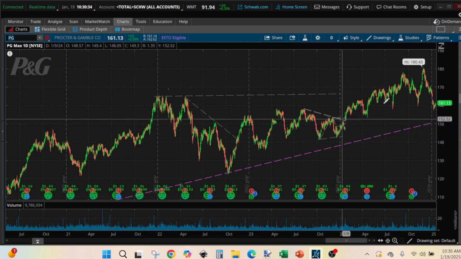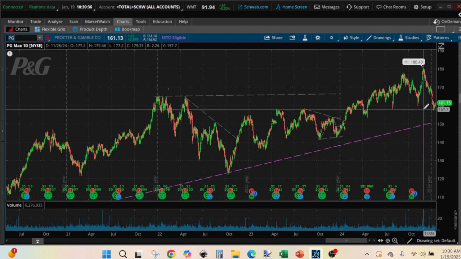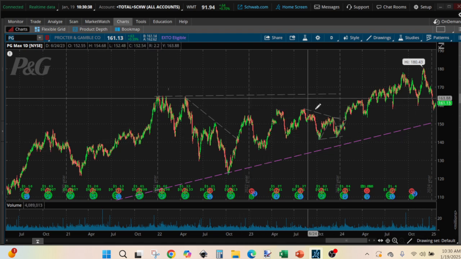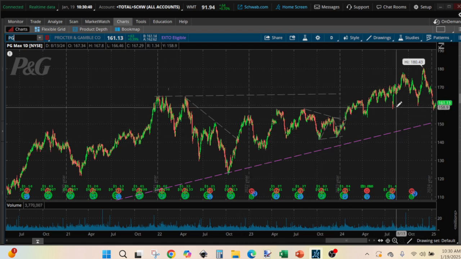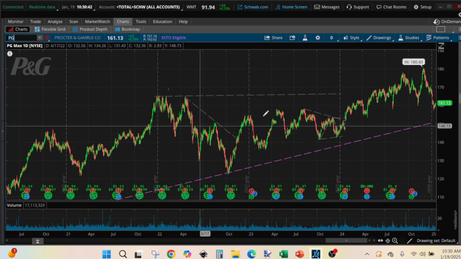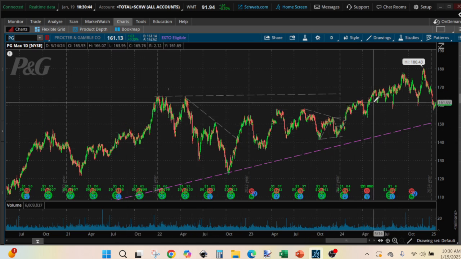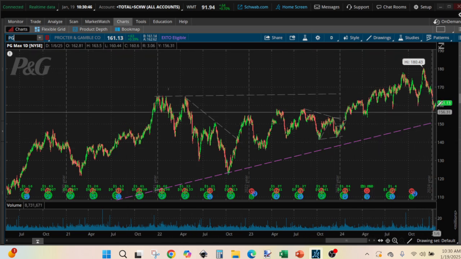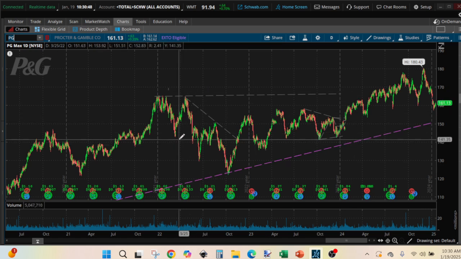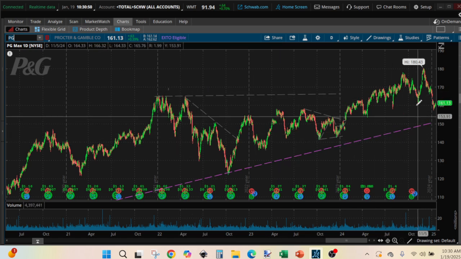You'll notice that every single one of those stocks has a different chart pattern.